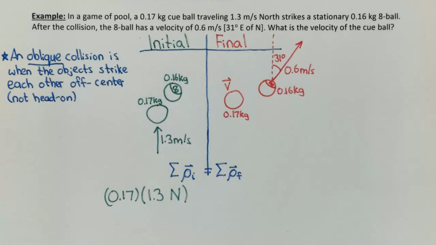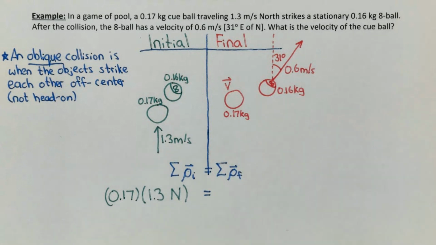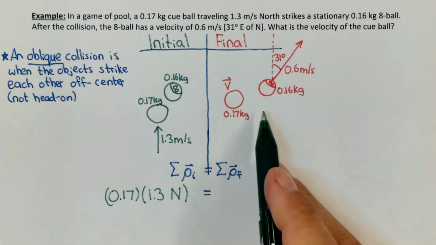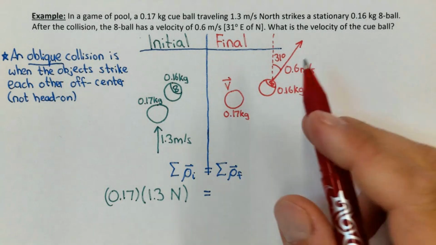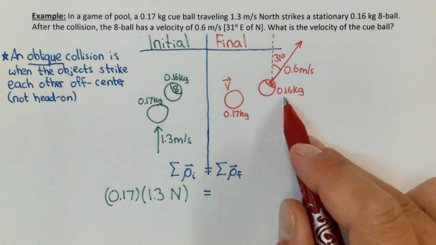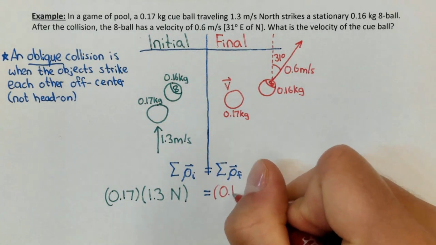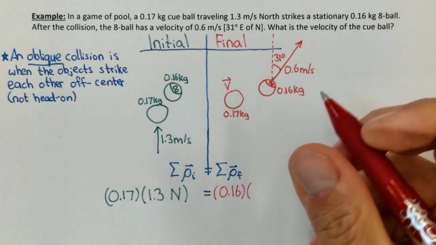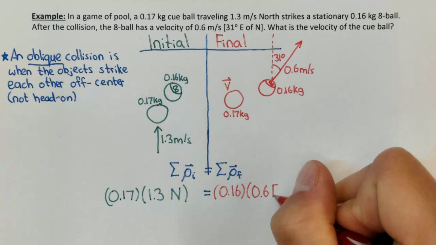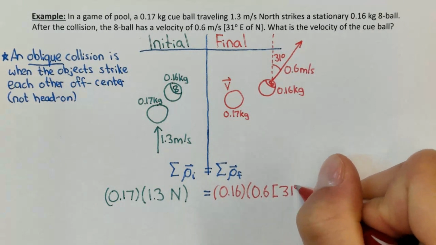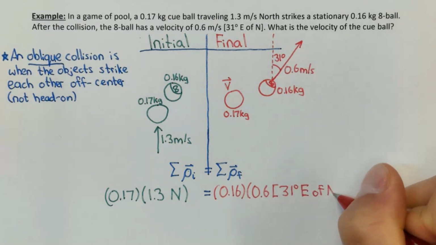Okay. On the other side, I have to, again, add the momentums. So add the masses times the velocities. The 8 ball, there's its mass, 0.16, there's its velocity, 0.6 at 31 degrees east of north.